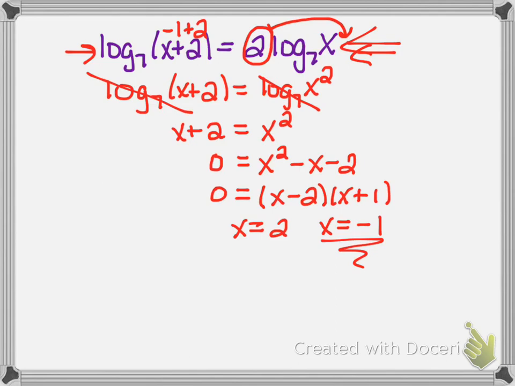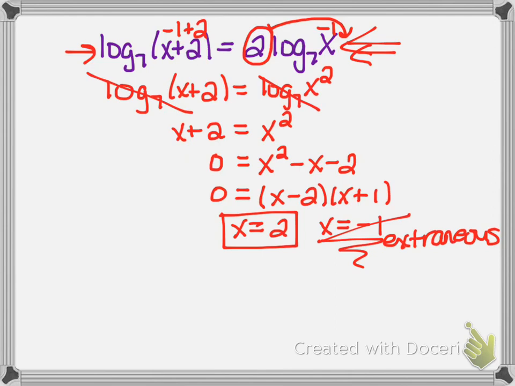But plugging that same negative 1 into that one would not work. So this is tossed out as an extraneous answer, because it would mean we're putting negative numbers into logs, but positive 2 does work in both logs. And so that's the answer we keep.